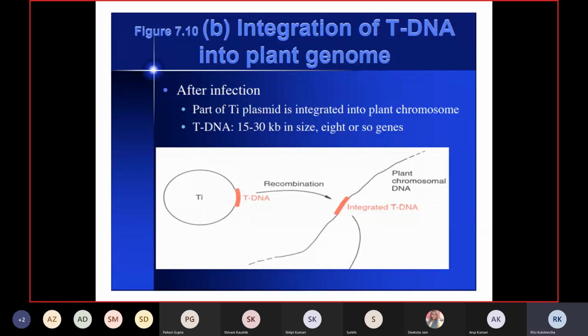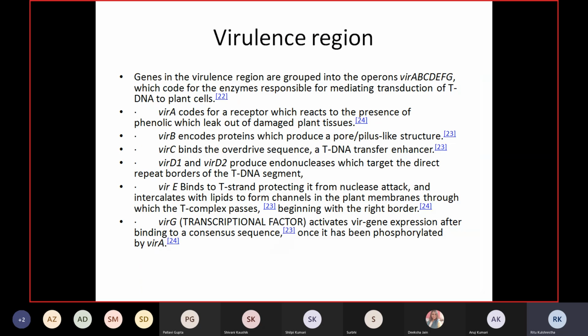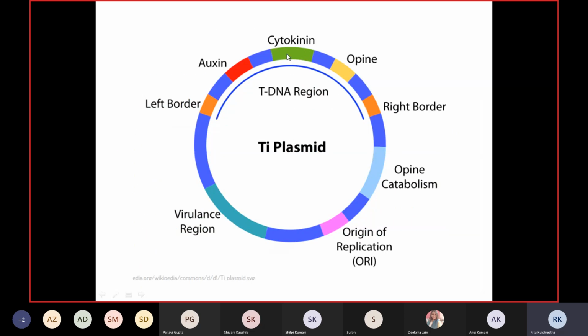So now coming to: can we use this TI plasmid as such for cloning purposes? Yes, why not, if we can clone something within this region? If I have my gene of interest in this region, then it can be easily transferred to the plant cell. But the problem is that the TI plasmid size is 200 kb.